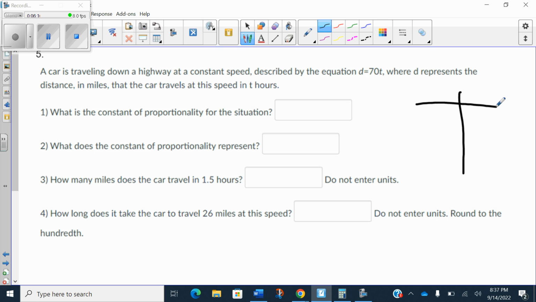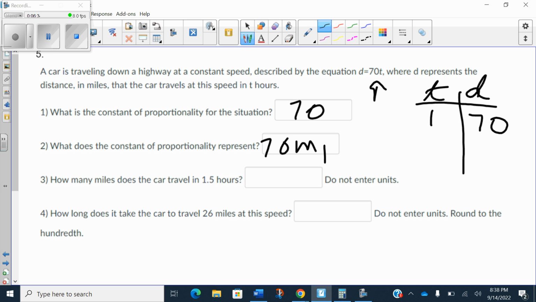So d equals 70t. So 1 hour is going to be 70. What is the constant of proportionality? It's right there. It's always the coefficient. So it is 70. What does it represent? 70 miles per hour.